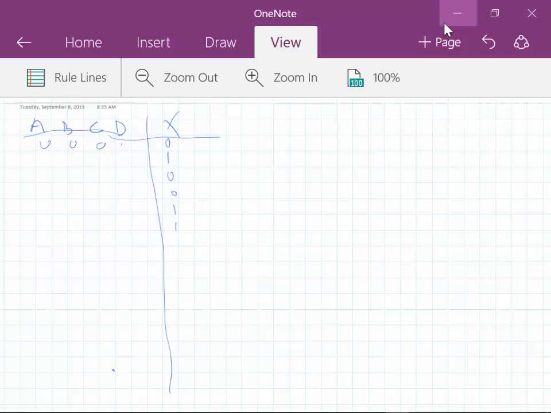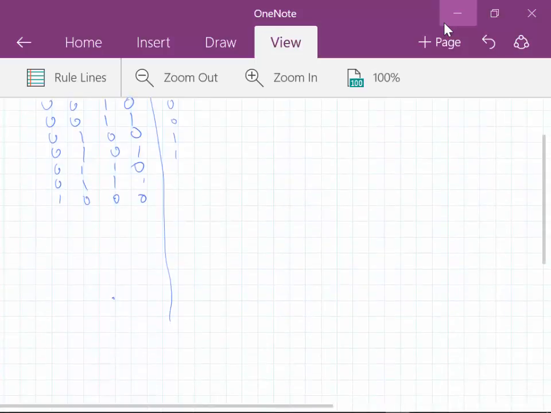0, 0, 0, 0, 0, 0, 1, 0, 0, 1, 0, 0, 0, 1, 1, 0, 1, 0, 0, 1, 0, 1, 1, 1, 1, 0, 0, 0, 1, 0.